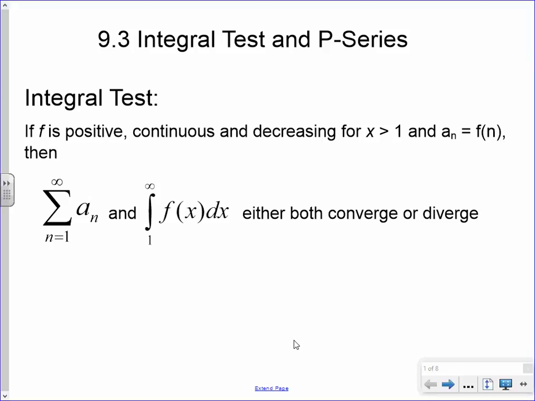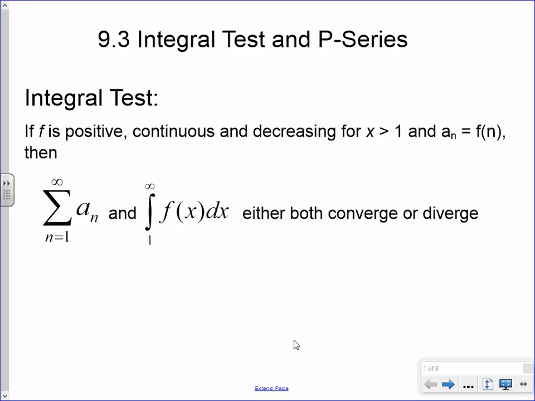Okay, so the first is the integral test. If f is positive, continuous, and decreasing, three conditions must be met for us to do this.